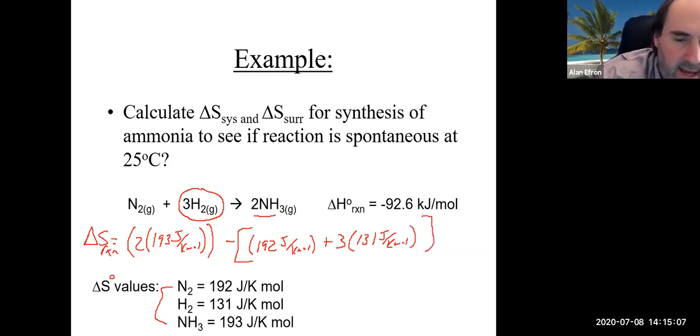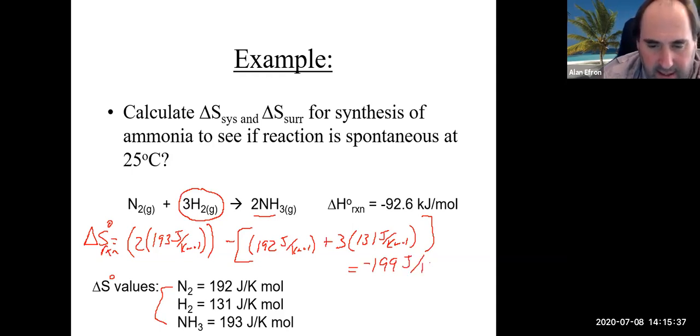And if we do all that here, 2 times 193 minus 192 plus 3 times 131, looks like for our delta S of our reaction here is minus 199 joules.